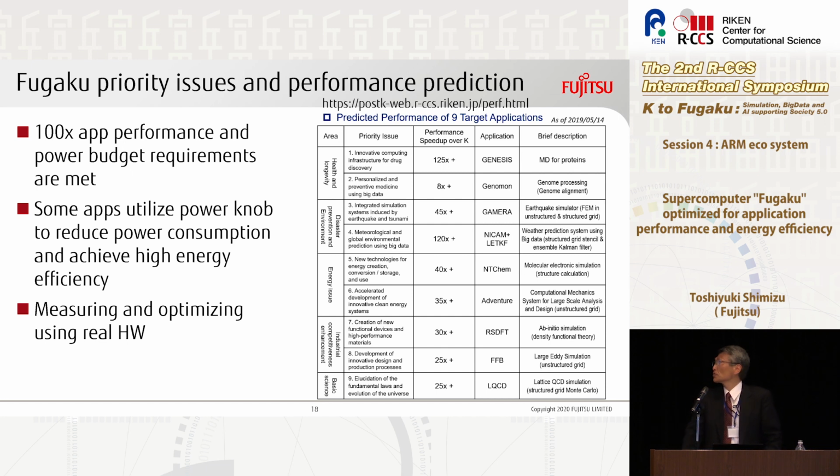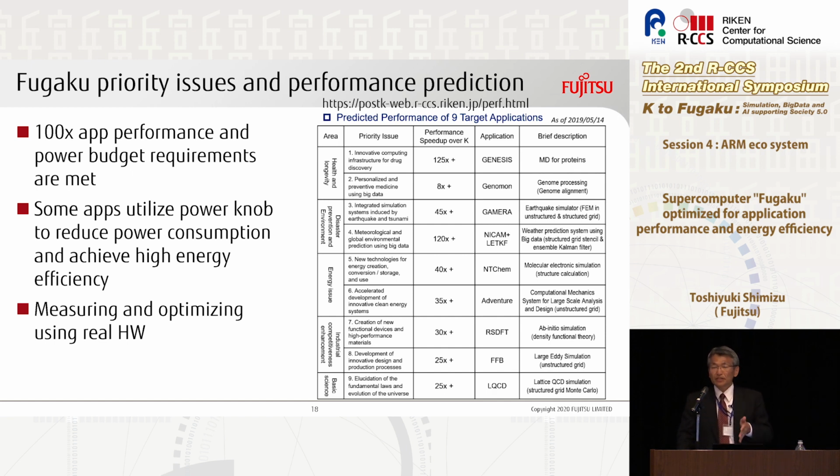Okay. This table shows the Fugaku priority issues. This table is posted on the RIKEN portal site, and you can see that this estimation shows that some applications exceed 100 times performance of the K computer.